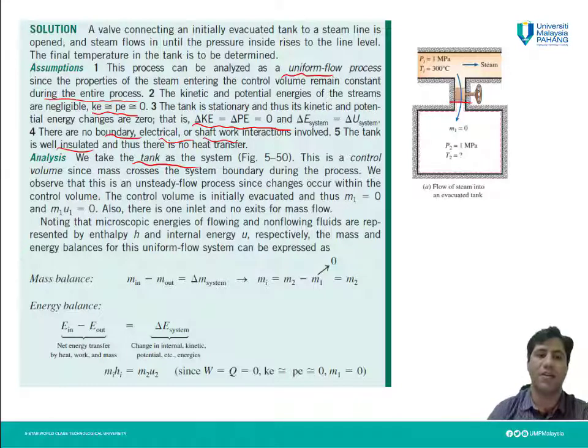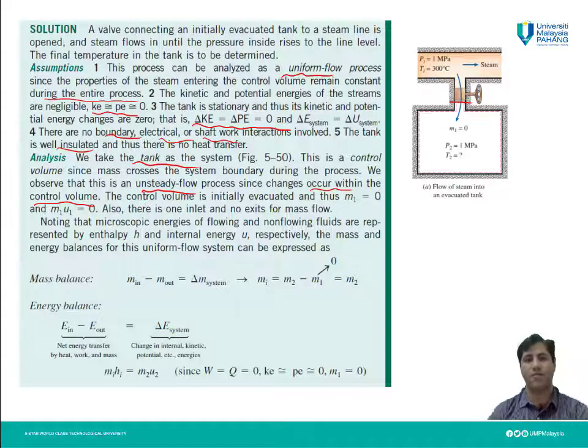And as I discussed earlier, the process here is an unsteady flow process since changes occur within the control volume. Within the control volume, the mass flow rate and the other properties are changing.